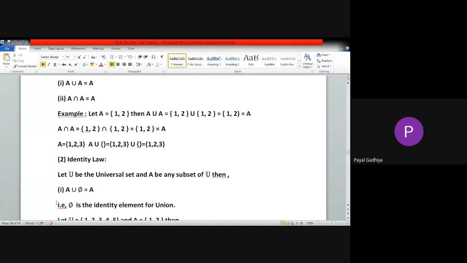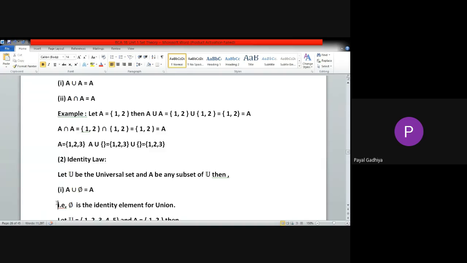What should I add over there? Zero. Exactly, 5 plus 0 will be 5, means 0 is the identity element for addition. Are you clear? Identity means the number will be the same after the operation I'm doing, but it is the identity element. It will make the answer same as we have taken.